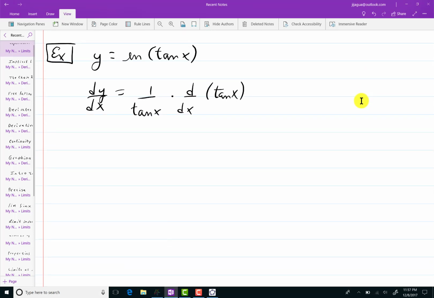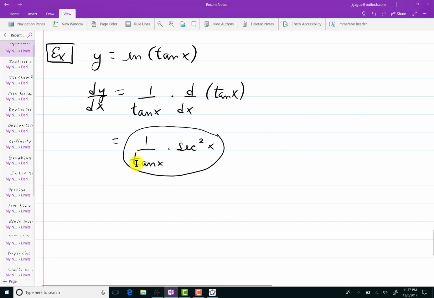And so I end up with 1 over tangent of x times secant squared of x. It very well may be possibly true that this simplifies, and I believe it simplifies a lot, but I'm not using it for a future calculation, so I'll end there. I'm happy with my answer. You can break it down to cosines and sines and do a bunch of simplifying, etc.